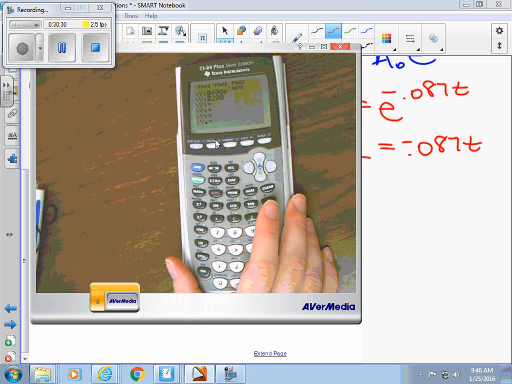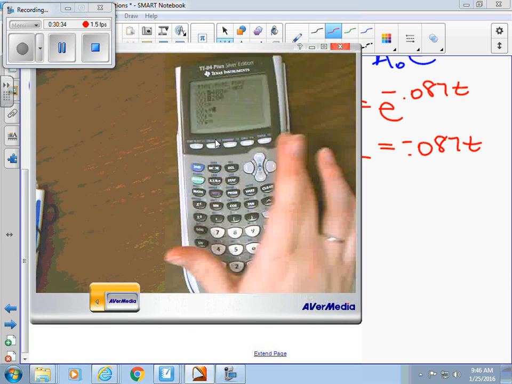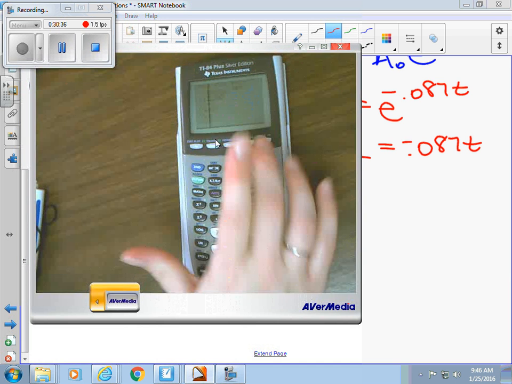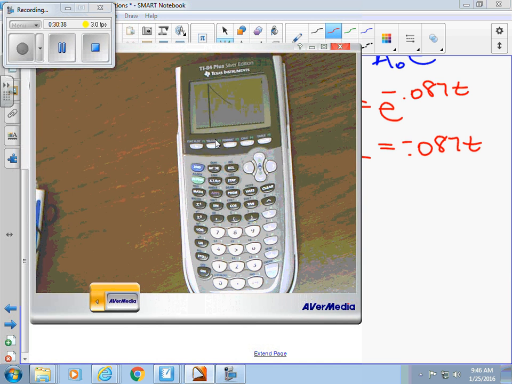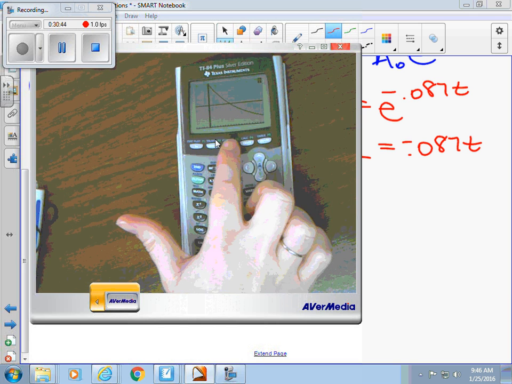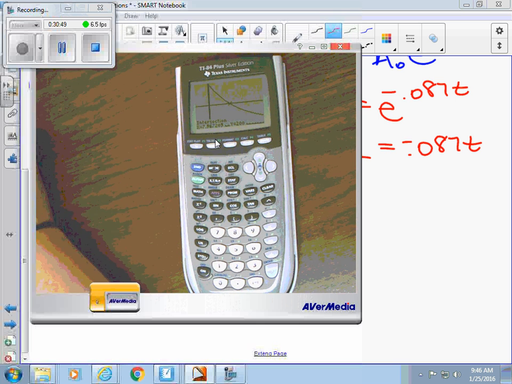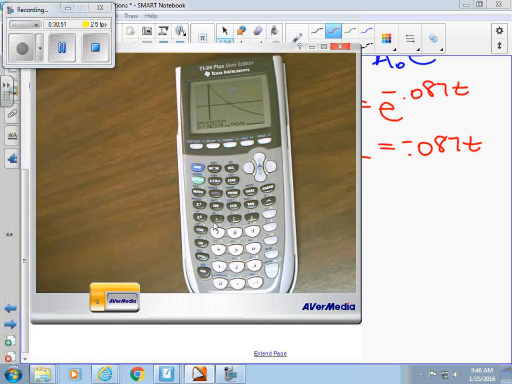You can do however you want, but put something with a half in there. Graph it. And find the intersection. And I get 7.967 years.